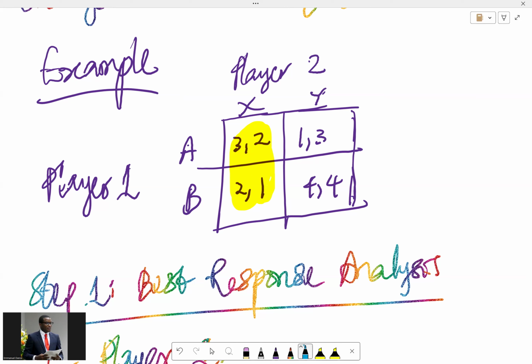strategy A or B. If player one plays strategy A, the payoff is 3. If you play strategy B, the payoff is 2.